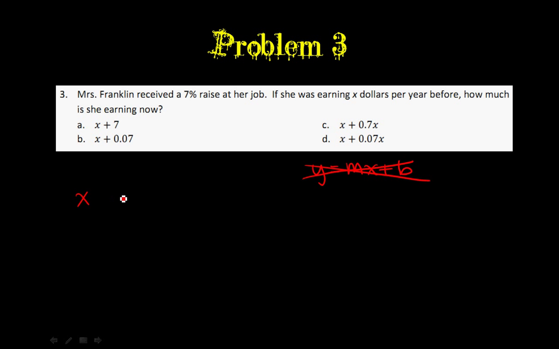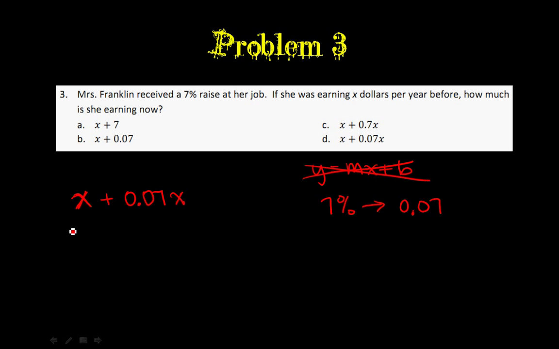So once again, just like we talked about in the other problem, 7% would be written as 0.07. You can either move the decimal over or divide by 100. And so you're taking her initial earnings, the X, and you're adding 7% of the same.